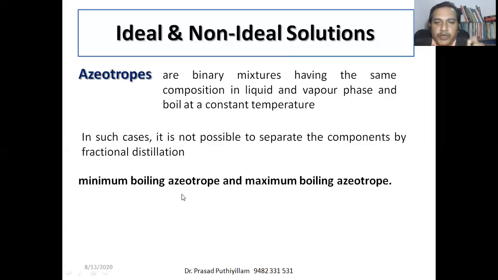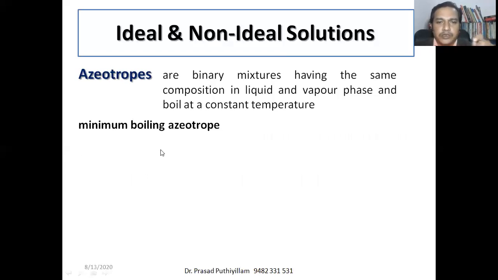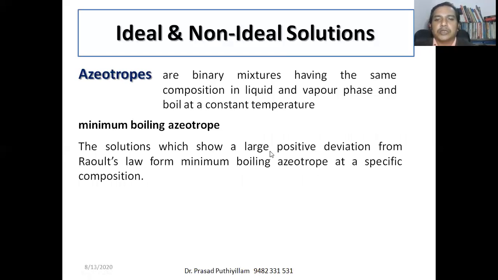There are two types: minimum boiling azeotropes and maximum boiling azeotropes. Minimum boiling azeotropes occur when the solution shows a large positive deviation from Raoult's law.